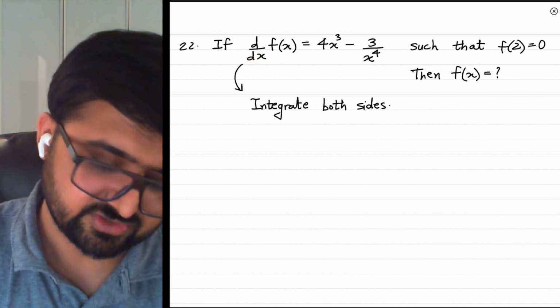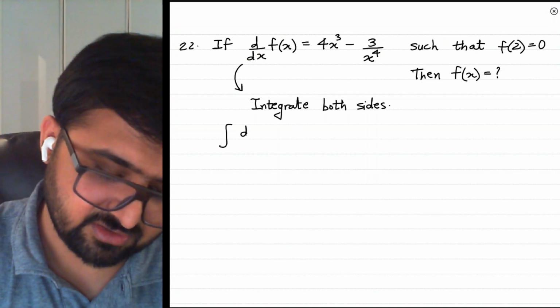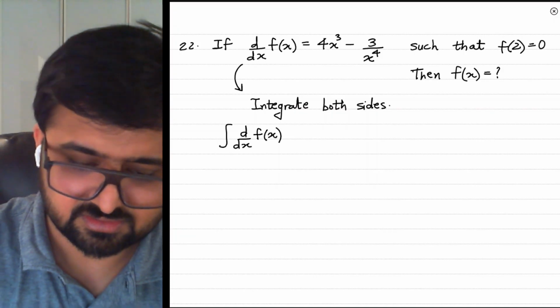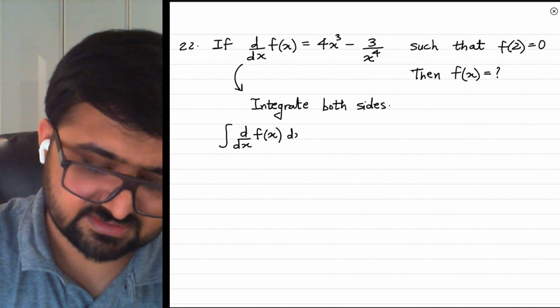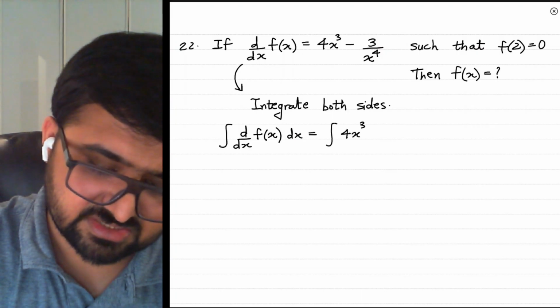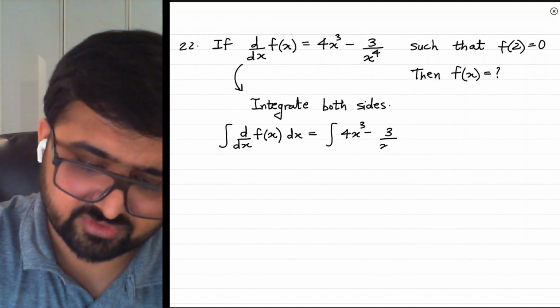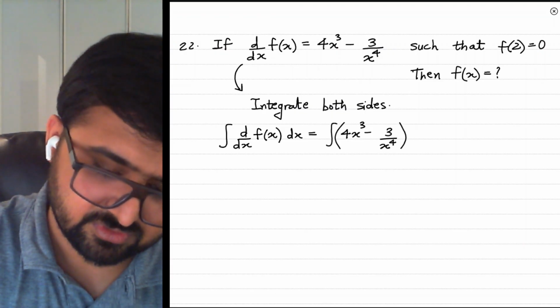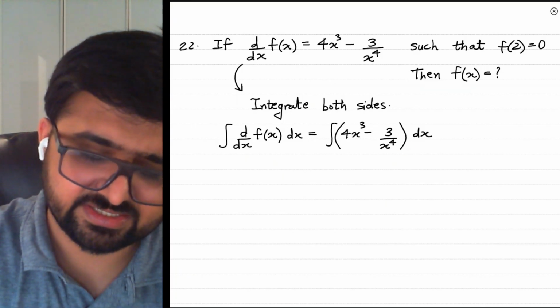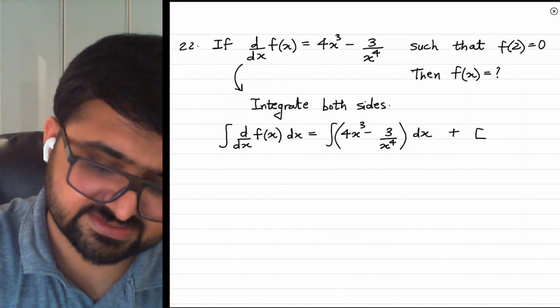each other. So if you integrate, you get integral of d by dx f of x dx equals integral of 4x cube minus 3 over x to the power 4 dx. Okay, now since you are integrating on both sides, also add a constant c.